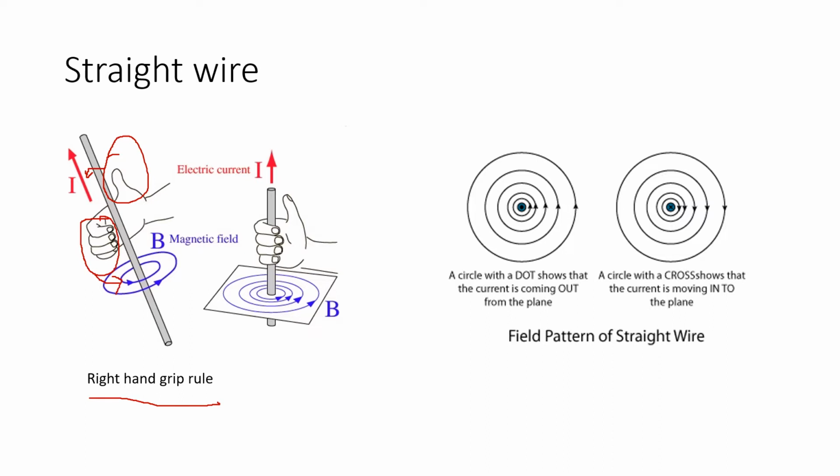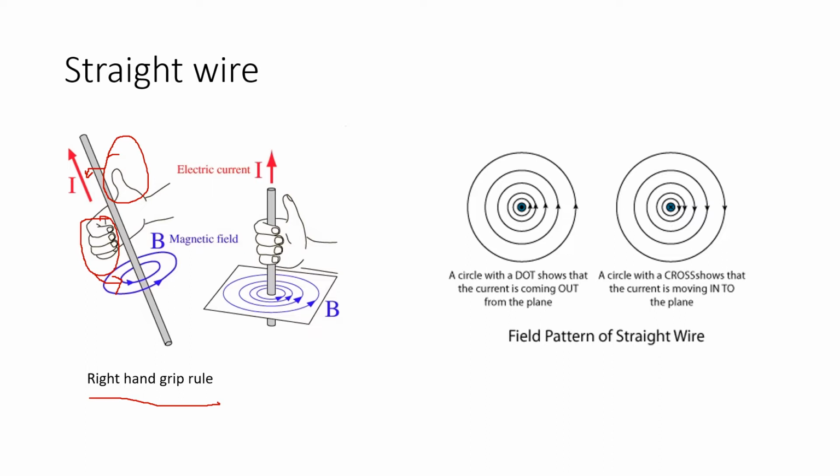Let's see the picture on the right hand side. Two circles. A circle with a dot shows that the current is coming out from the plane. Applying the right hand grip rule, the thumb will be pointing toward us and the grip will be anti-clockwise.